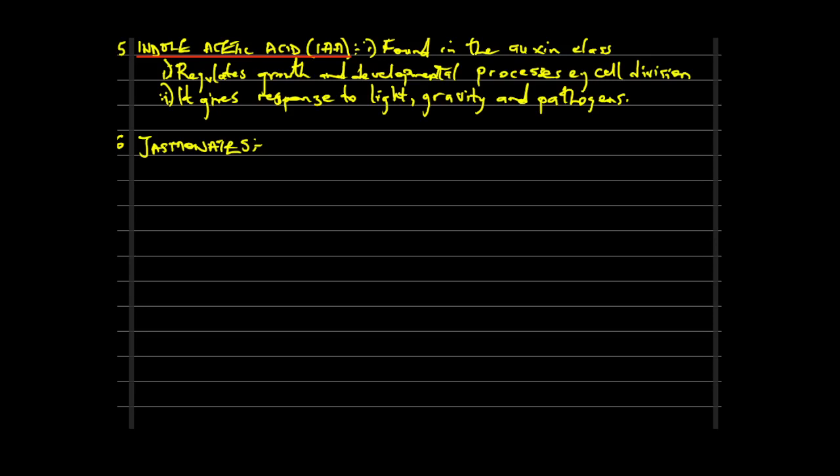That is another name for it. So you could see any of these words used interchangeably, either jasmonate or jasmonic acid. It is responsible for regulating plant response to biotic stress. That is its major function.